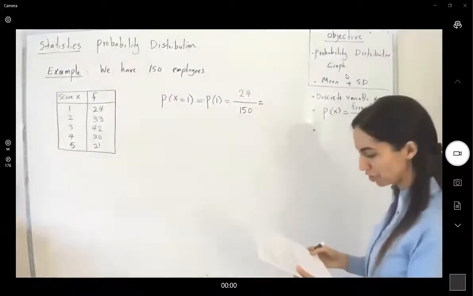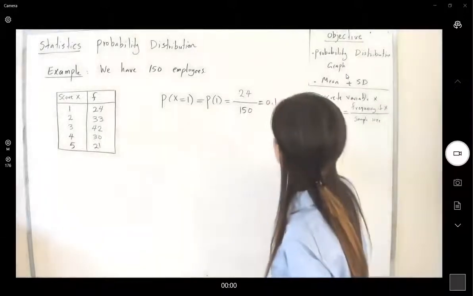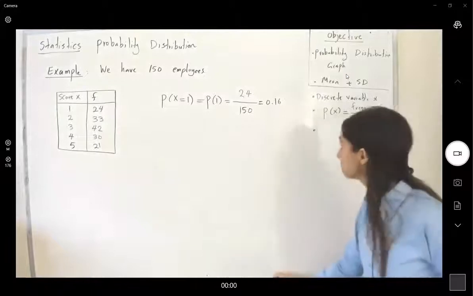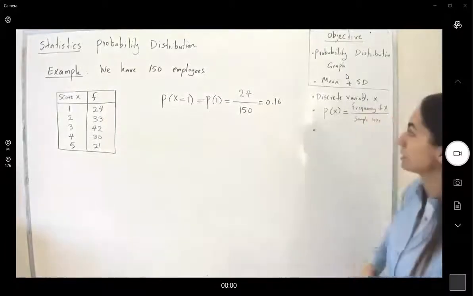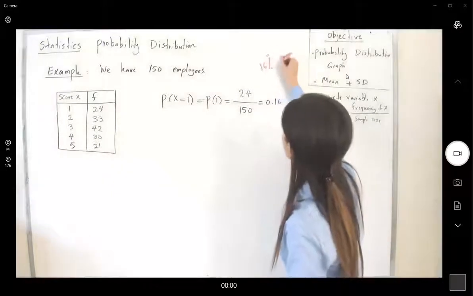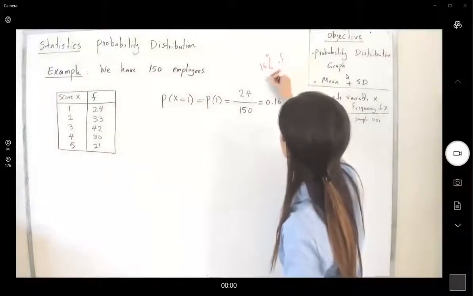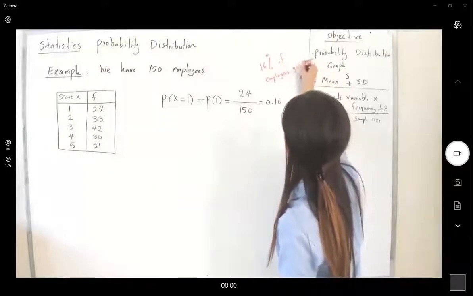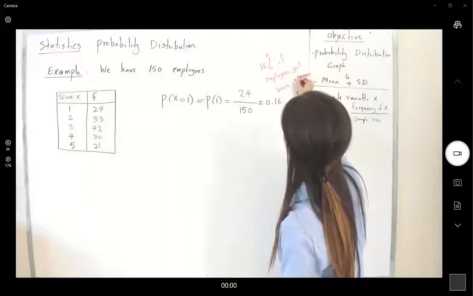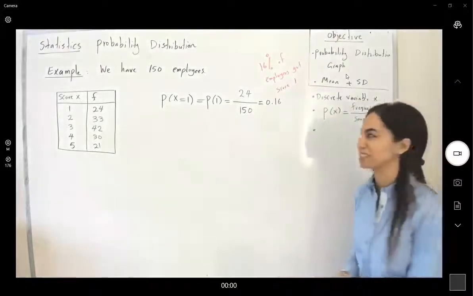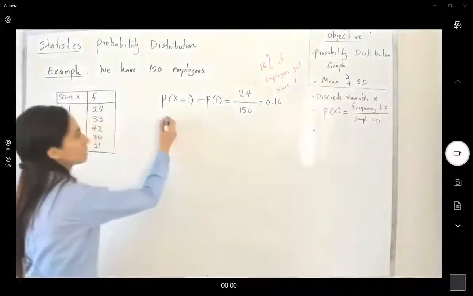If we do the calculation, we get 16% or 0.16. So what's the meaning of this number? It means that 16% of employees got score 1. Okay, I found the first probability. Let us move on to the next probability.